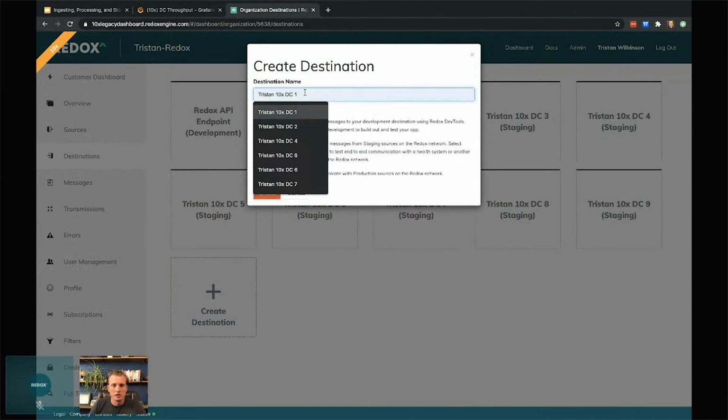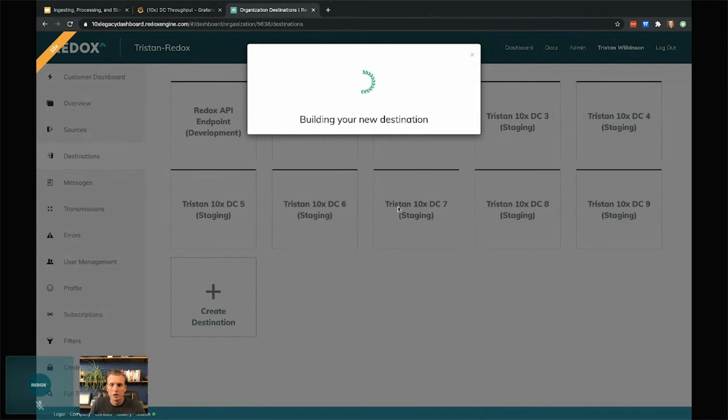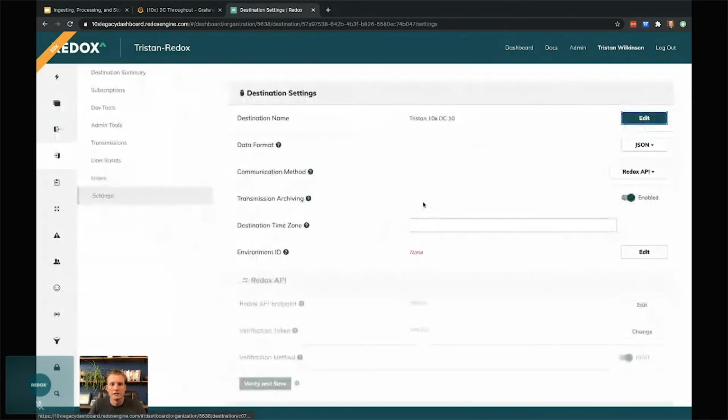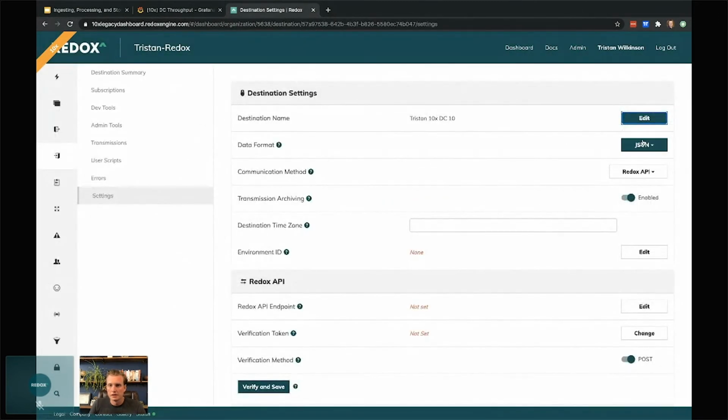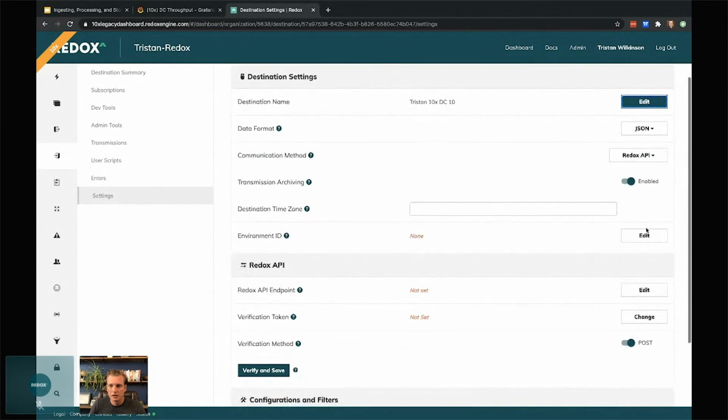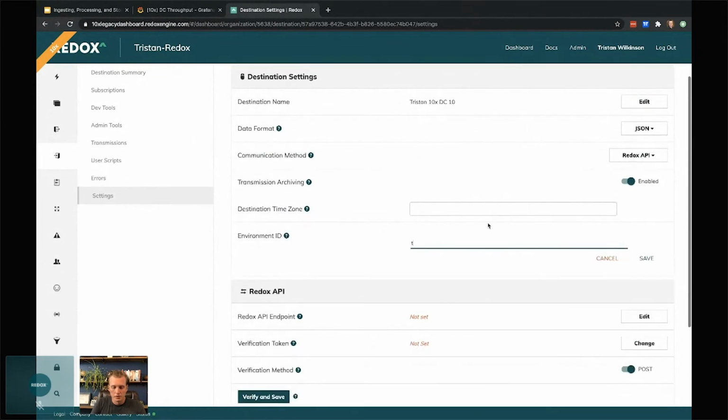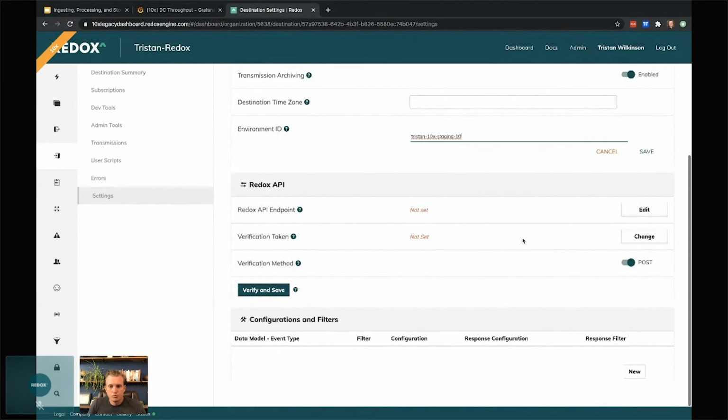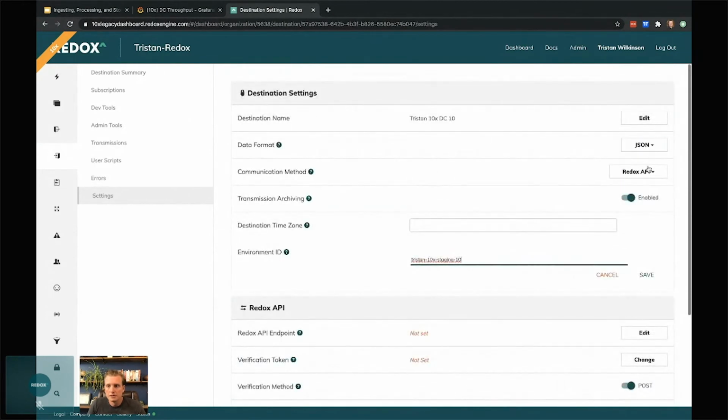So let's see. We're just going to create a new destination, and we're going to configure it for Data on Demand. We're going to consume Redox API, environment ID, oops.